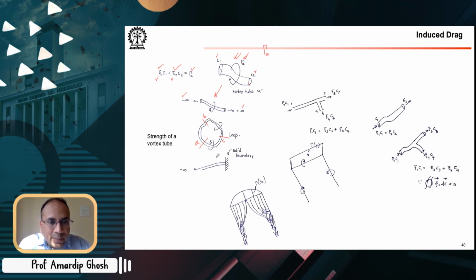You can have a semi-infinite vortex tube. Of course, then one end terminates abnormally. For example, it can terminate on a solid boundary or something like that. So these are some nuances associated with the Helmholtz vorticity theorem, and this really follows as a consequence of the divergenceless nature of the vorticity field, as we have seen. Here again, you see that if these are not equal, then somehow you have shed something.